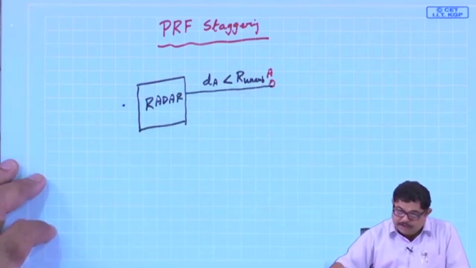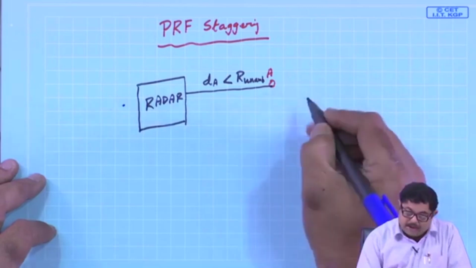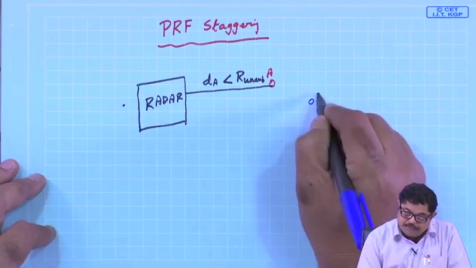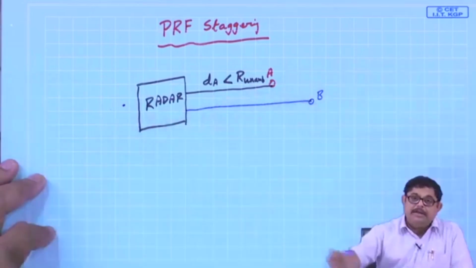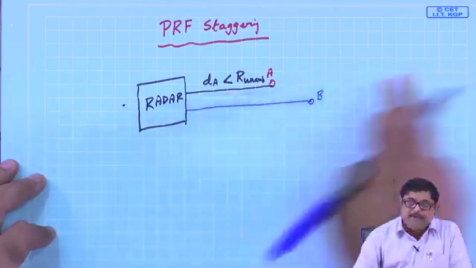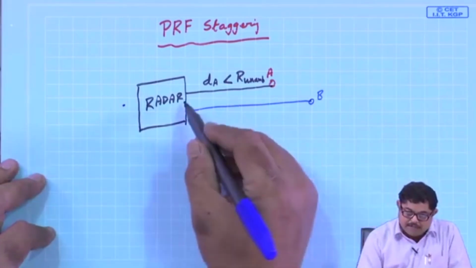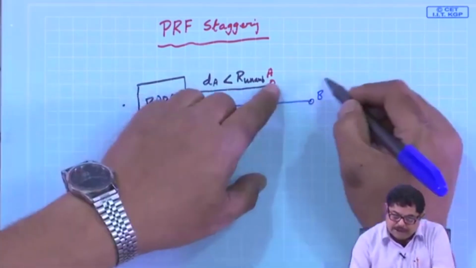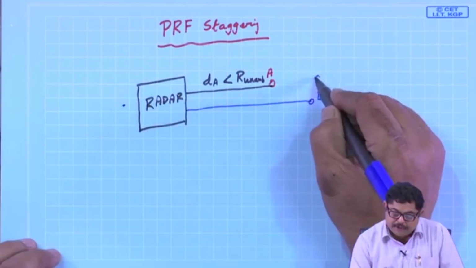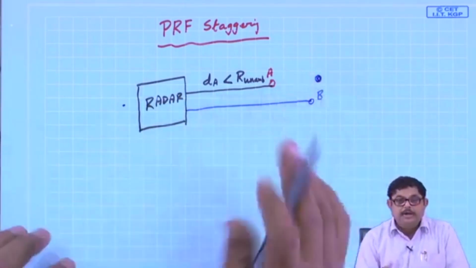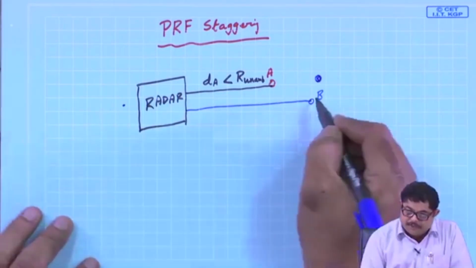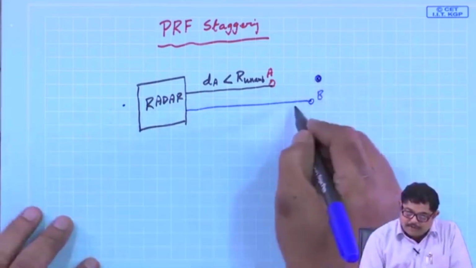Then there is another object, let me call it B. Actually, they are all on the same line, but I am not drawing it that way, to avoid confusing you. Please remember that actually A is here, B is here.